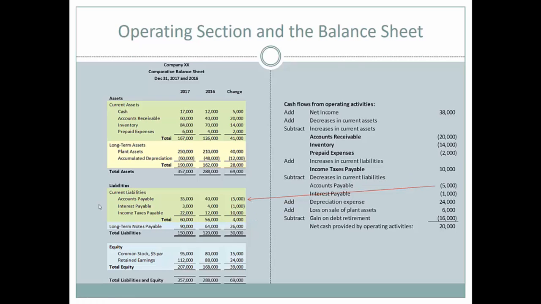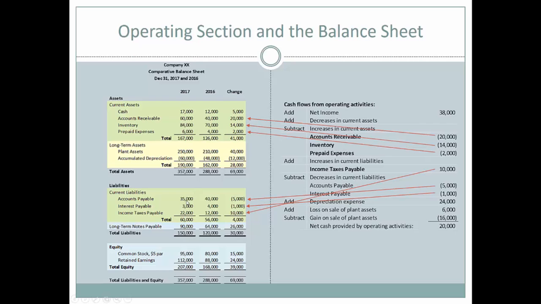Again, let's look at accounts payable. In this instance, accounts payable went down, so we're using more of our cash to pay down our accounts payable, so it will be considered a use of cash, so it will be a subtraction of cash. Next, our interest payable has gone down, so it's going to be considered using cash to help pay that down, so that will be a deduction of $1,000.